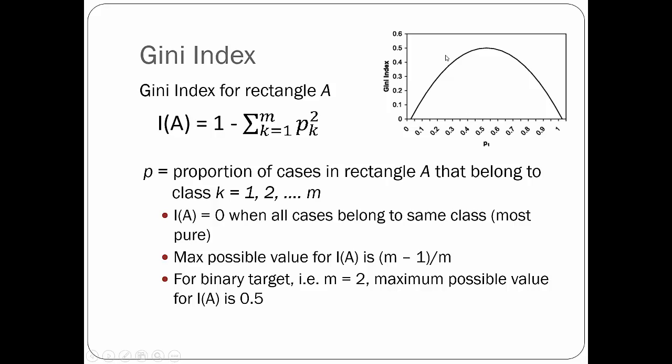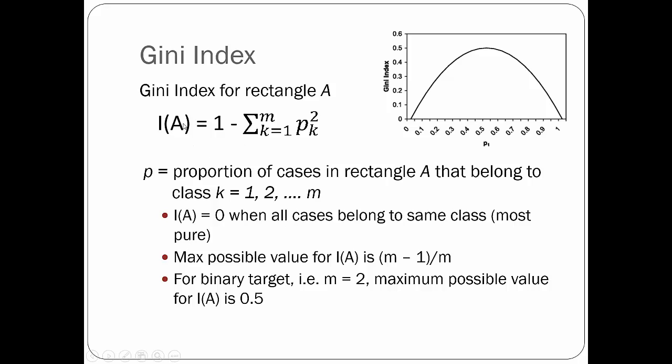At that level, your I sub A value will be equal to 0.5. That is in the case of binary. In the case of non-binary, if you have more than 2 classes for the target, then the maximum possible value will be equal to (m minus 1) divided by m, and that will be the case where all the classes are equally represented within the rectangle.